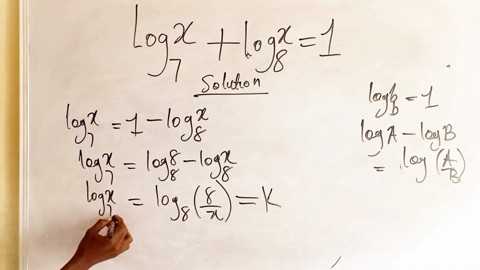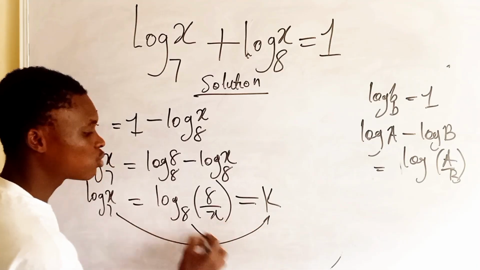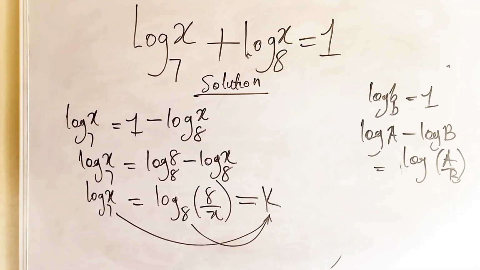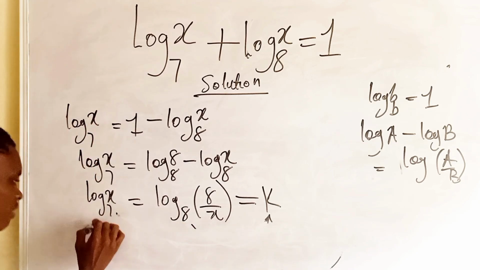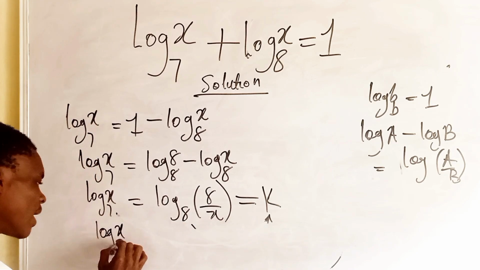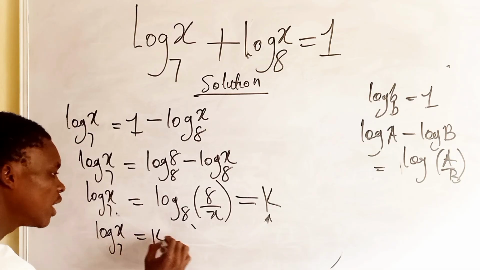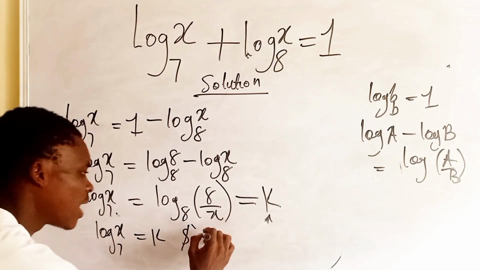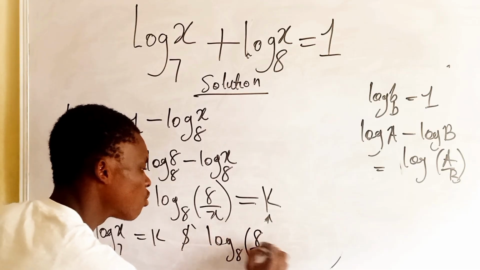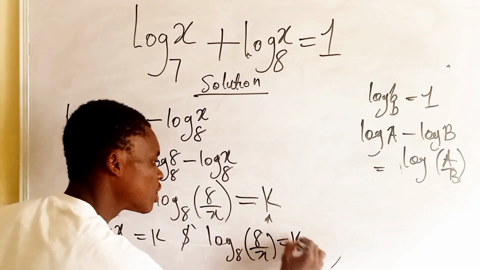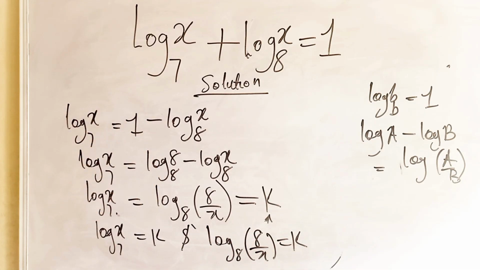Clearly this equals k, and this one also equals k. So to finish this up, let's simplify. Let's see what we got. So we have log x base 7 equals k, and log base 8 of 8 over x equals k also.